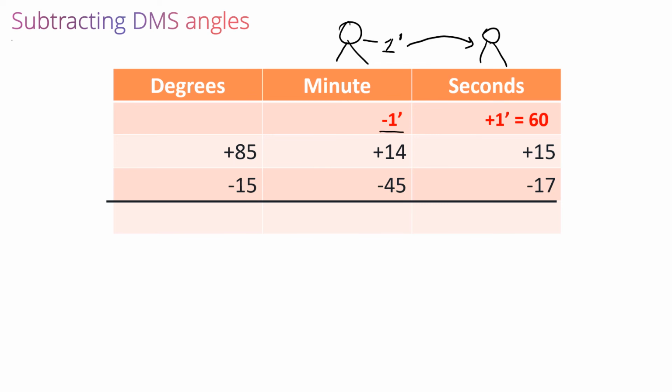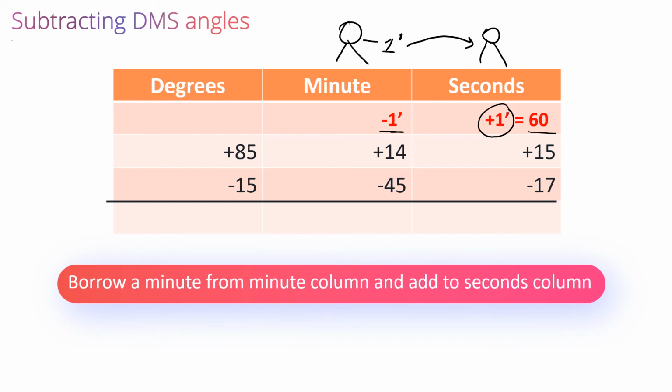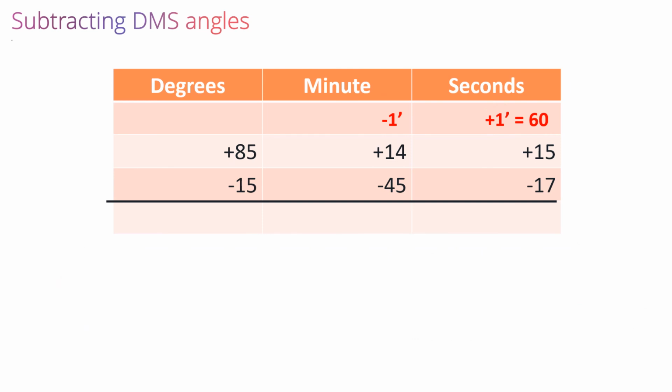So we have -1 here because you took away that minute from this person, and you are giving 1 minute to this person. So he has +1 minute, which is equal to 60 seconds. So borrow a minute from the minute column and add to the second column. Here you just add 60 plus 15 minus 17, and that would give you 58, right? So 58 seconds.